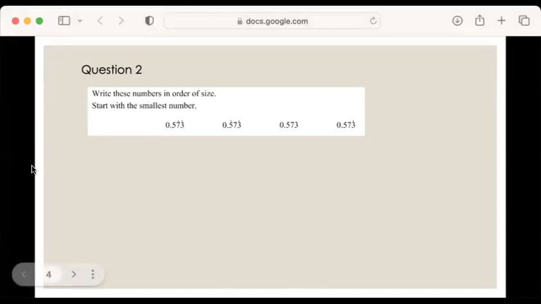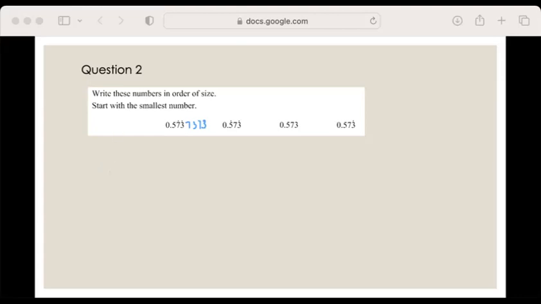Okay, so let me just write it down for you. So this will be 0.5737373 and so on. Now here, the first 5 and the third number, 3, are recurring.